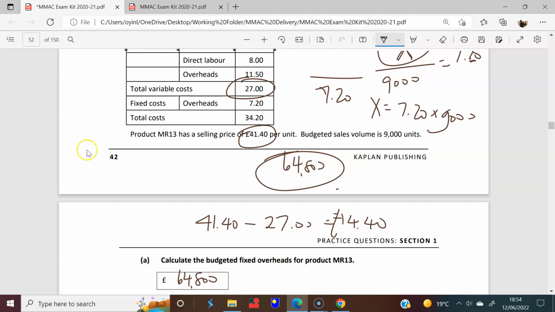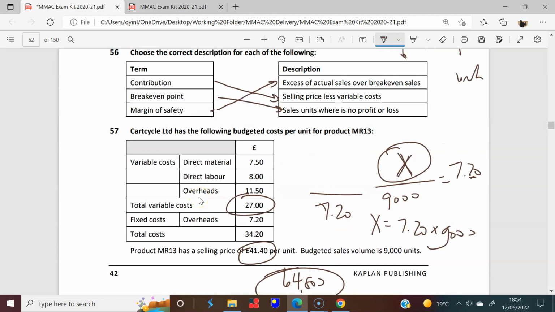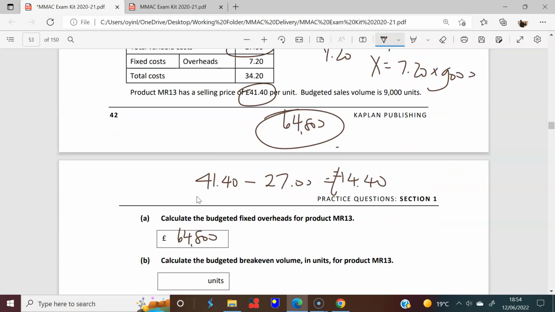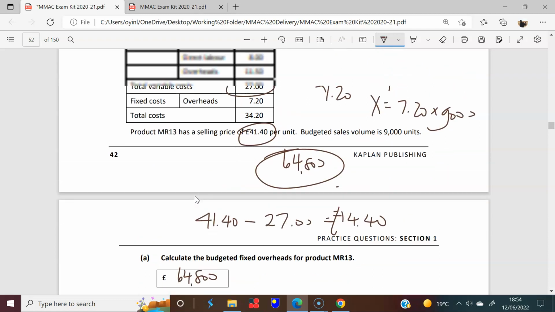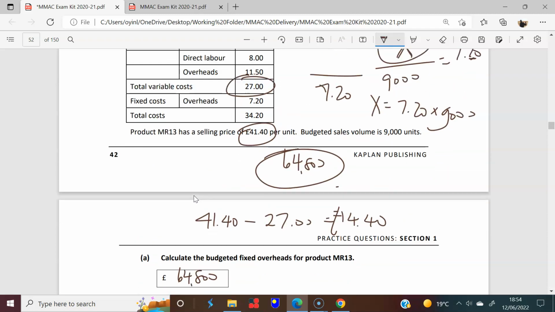You have a fixed cost given to us here that we've just calculated, of 64,800. These are our budgeted fixed costs that we're trying to cover.